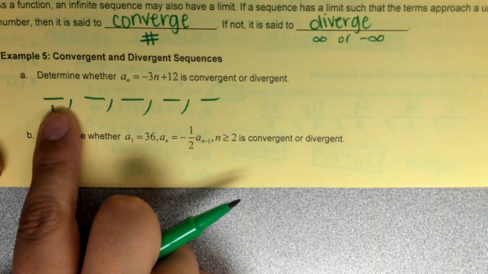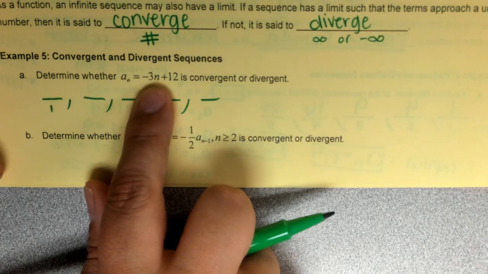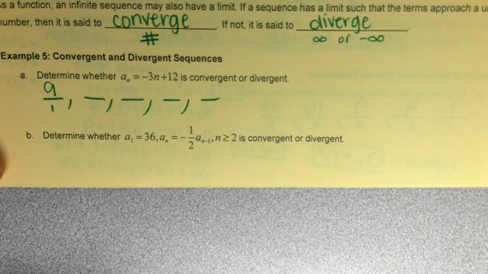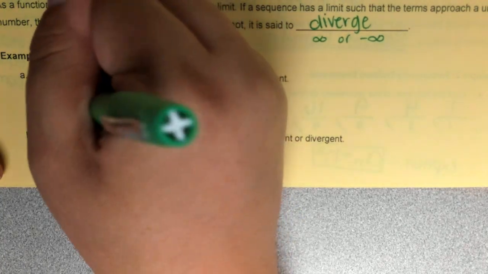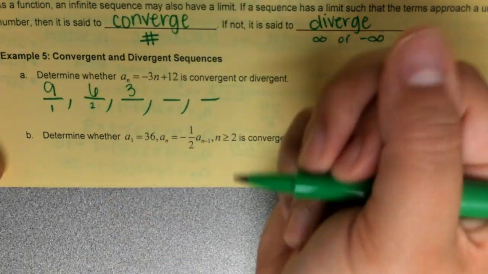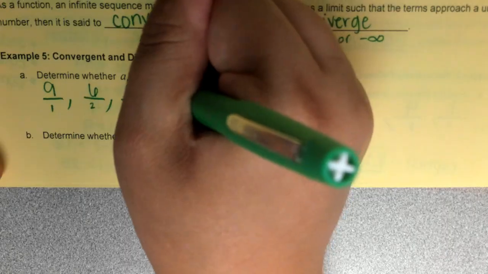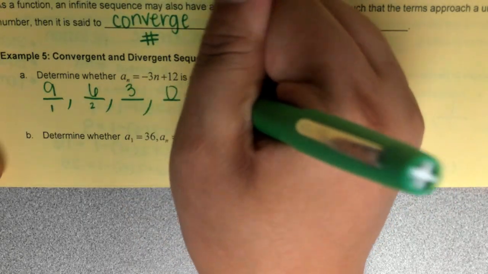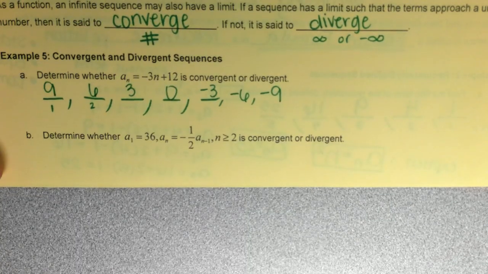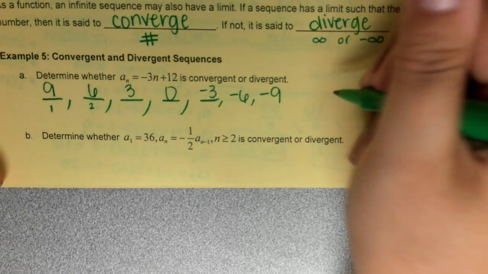What's the first term going to be if I plug in a 1 right there? 9. What's the next term going to be? And then 3. And what's happening each time? Do y'all agree this is subtracting by 3 every time? And I could keep going forever and ever. If I kept going forever, what would this eventually get me to? Negative infinity.